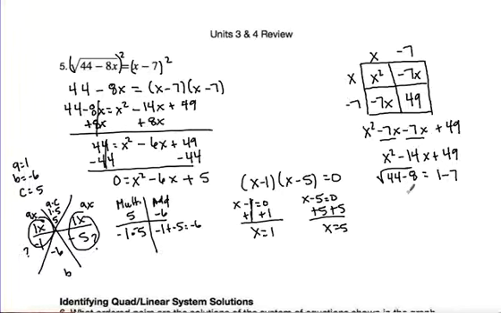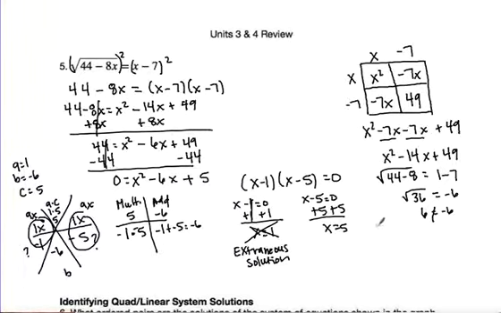So 44 minus 8 would give you 36. Square root of 36, is it equal to 1 minus 7, which would be negative 6? So square root of 36 is 6, but 6 does not equal negative 6, so that means that 1 cannot work. This would be an extraneous solution. So it looks like it works, but when we plug it in, we see that it doesn't.